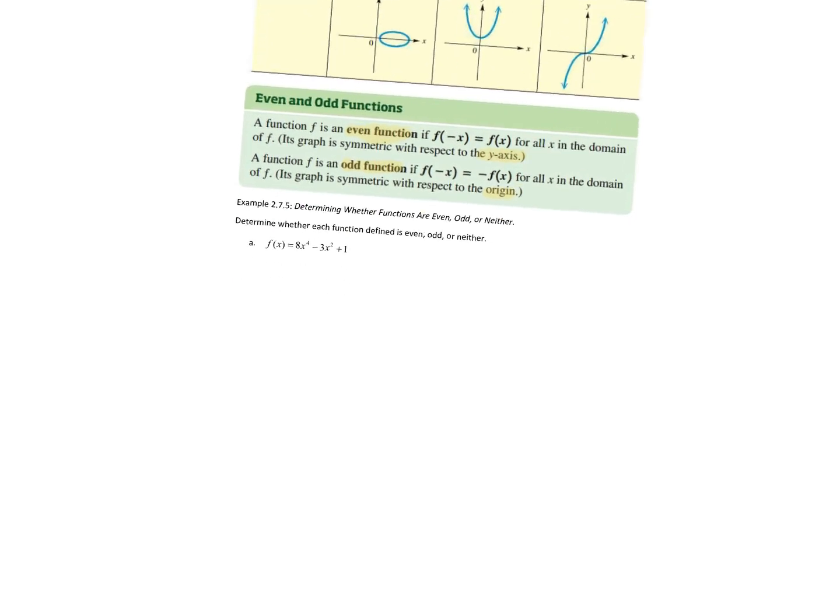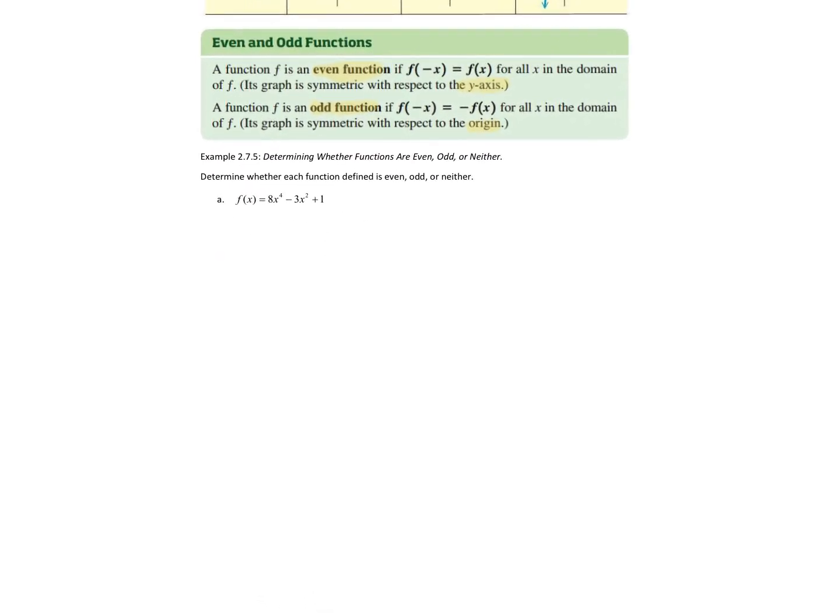And what we'll do is we'll come to our function and let's set it up. So remember, the goal is to get it to match the original. And the original in our case says y equals 8x to the 4th minus 3x squared plus 1. Okay, and so let's start with if this function is even. Okay, so the even function is going to have just negative x. Okay, this is the even test.